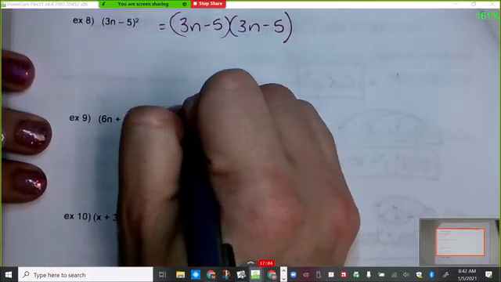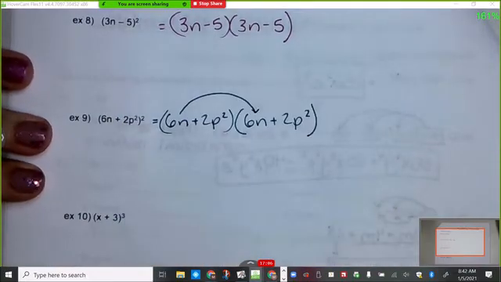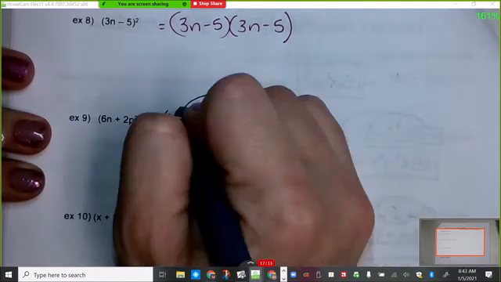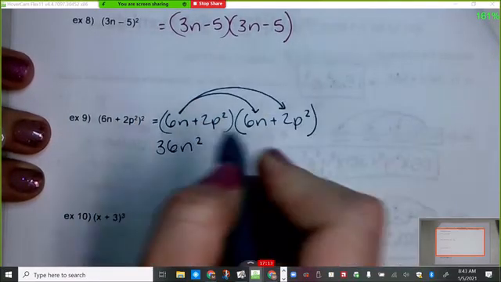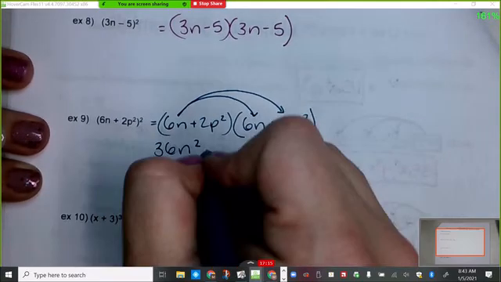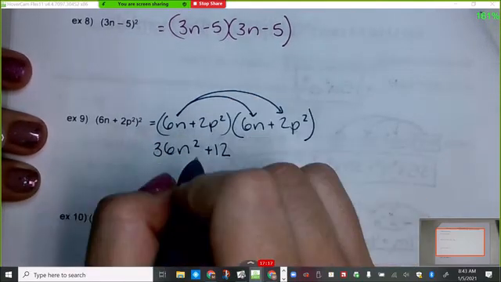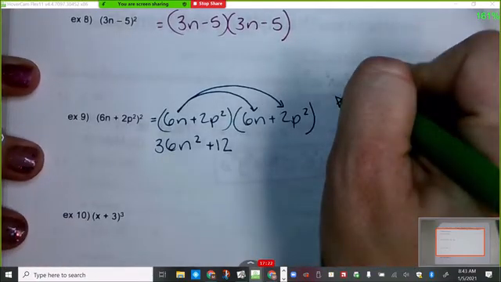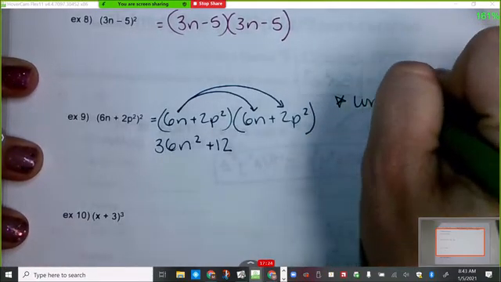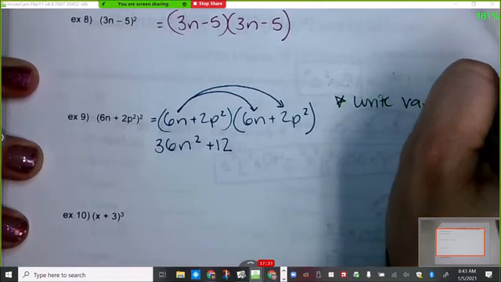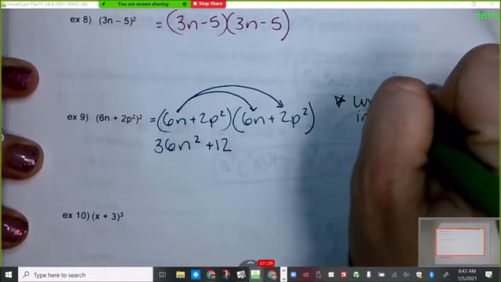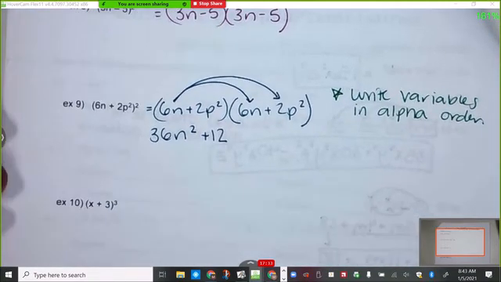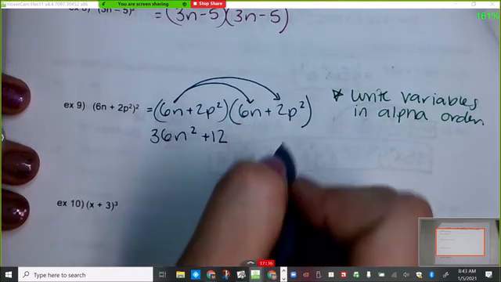What's 6n times 6n? Okay. 6n times 2p squared. Well, what's 6 times 2? And now, remember, variables are always written in alphabetical order. Okay, so what comes first in the alphabet, N or P?